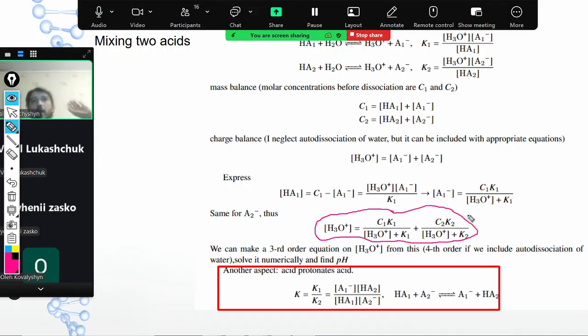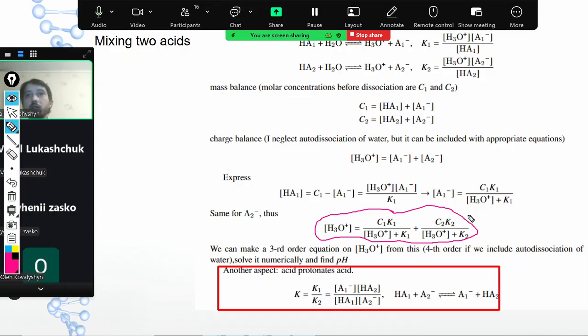Well, I don't expect you to get deep into these formulae. What I want you to notice is that we can write a third order equation on H3O plus from this. If we include auto dissociation of water, then it will be a fourth degree equation. But anyway, we can calculate pH in the case of a mixture of acids.